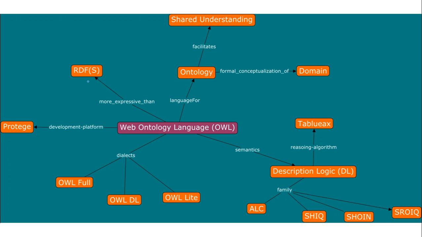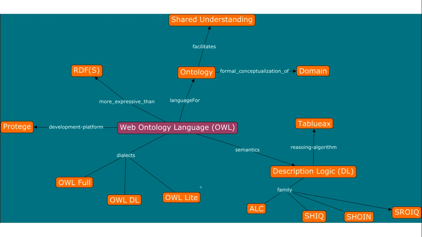And this OWL has many dialects. If you are using the full functionality of OWL, that is called OWL Full. There is another dialect which we call OWL DL, which is short for OWL description logic. This is a bit lighter version than Full, but it is still somewhat comprehensive and complex.